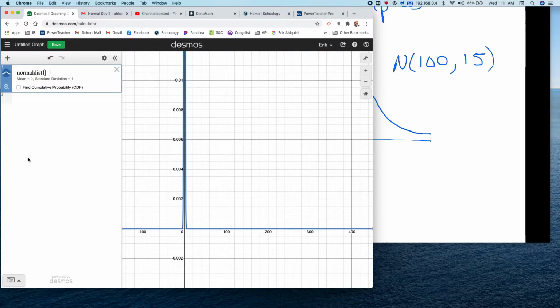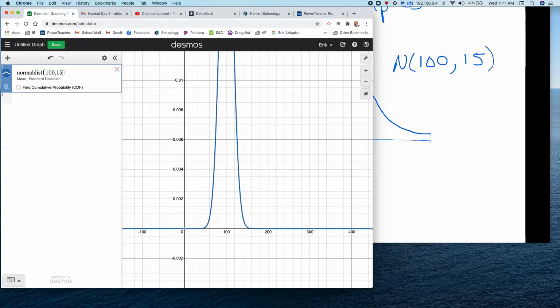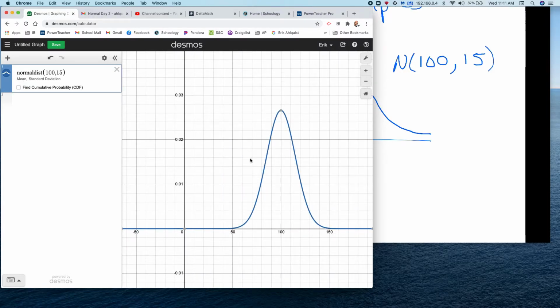Now it asks me for the mean and the standard deviation. The mean in this case is 100. The standard deviation in this case is 15. There's our picture. If I want to make it fit, I can zoom fit it right there. There we go. 111 is somewhere right in this grouping, right?